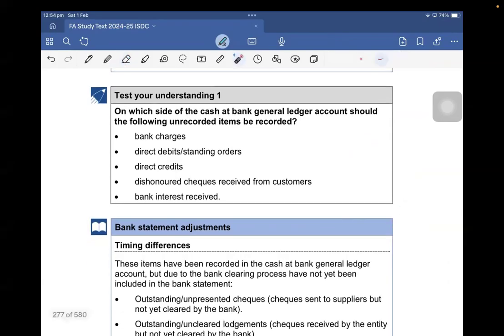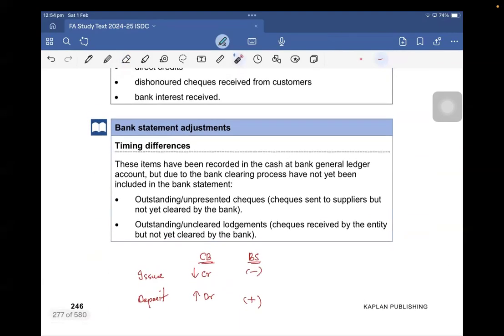Next is bank statement adjustments, that is the timing differences. Due to some reason, the bank would take some time to process things. But the bank ledger rule is that as soon as you get a check, you're going to record it as it is.